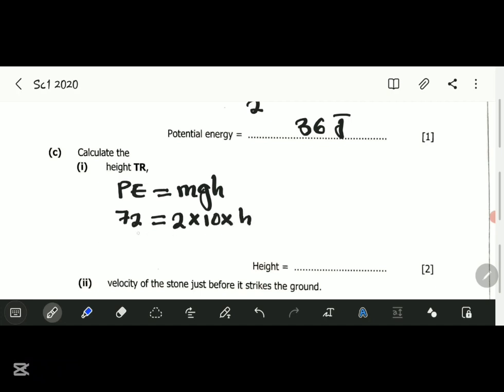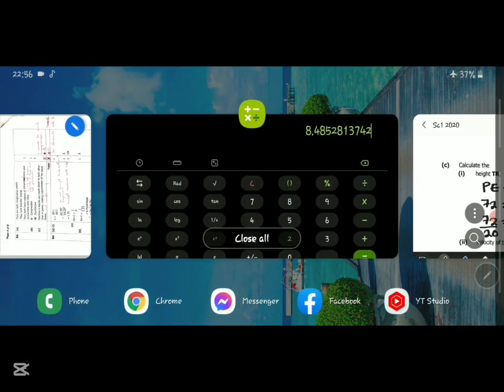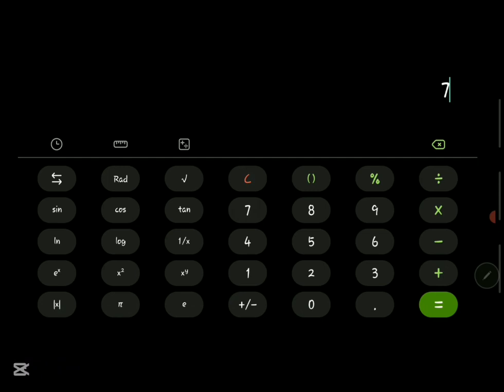So 72 is equal to 2 times 10, 20, times h, 20h. Divide both sides by 20, so 72 divided by 20.